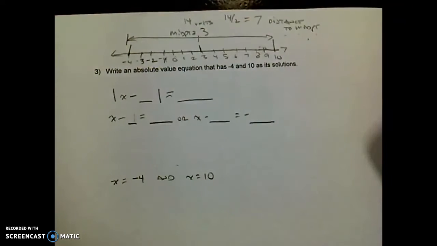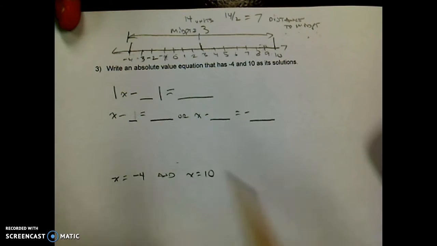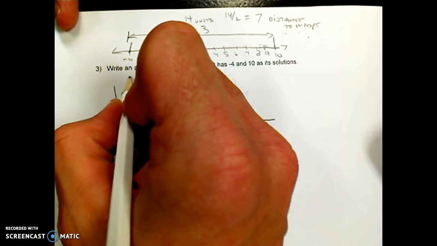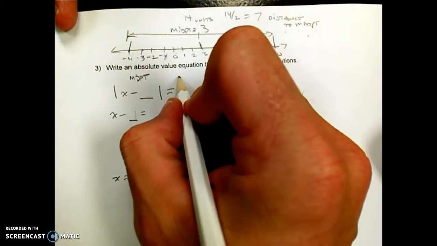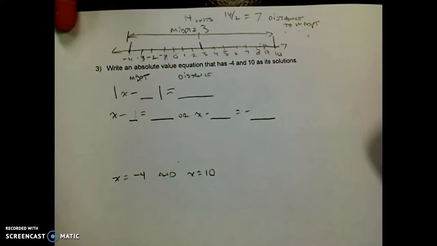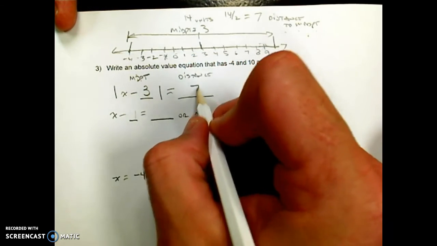If I start at one of the extremes, my distance to my midpoint is 7. When I set up my absolute value equation now, I'm going to go x minus the midpoint equals the distance. So x minus 3 equals 7.